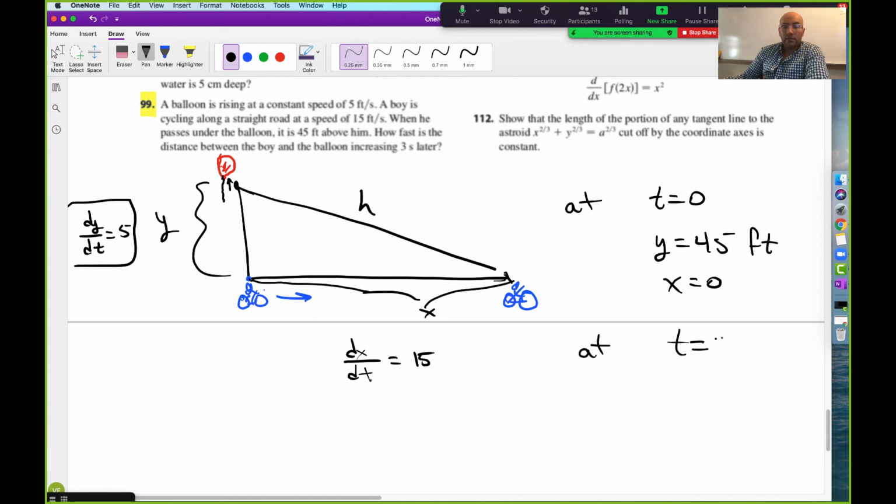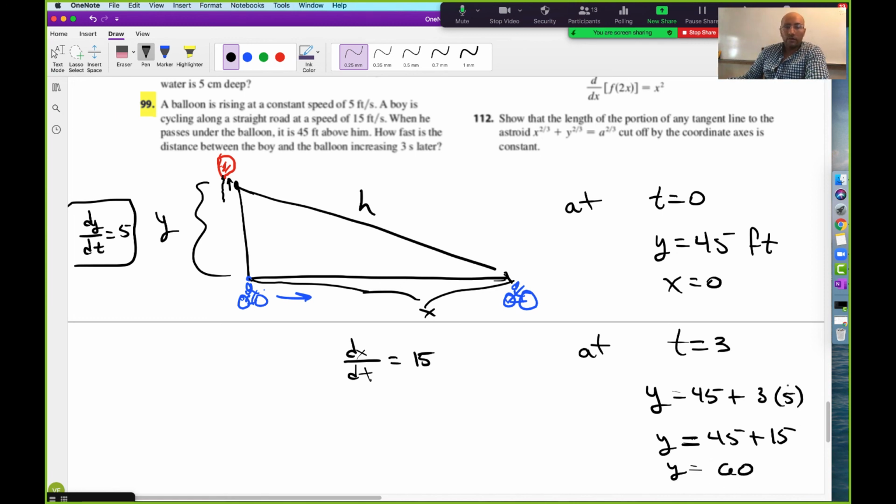At t equals 3 seconds, well, the balloon is traveling at 5 feet per second. 3 seconds later, the balloon is going to be at 45 plus 3 times 5, which equals 45 plus 15, or y equals 60.